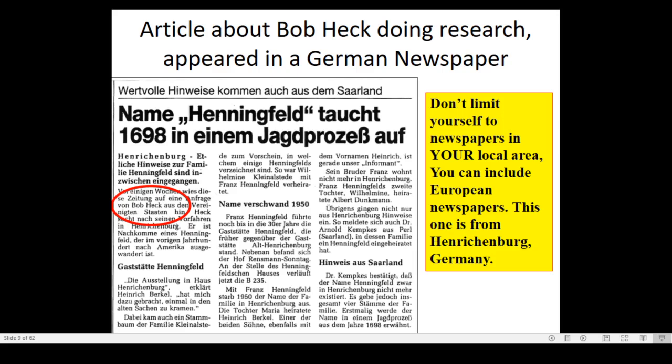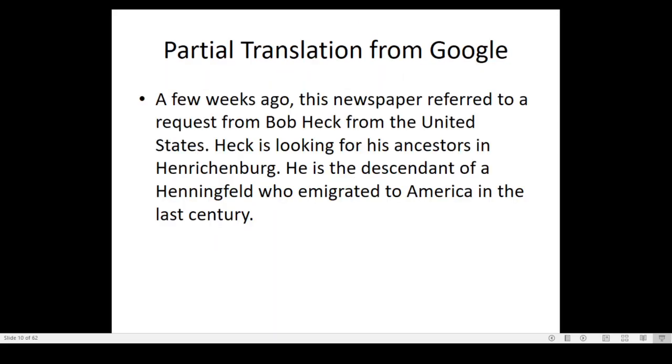Get outside of your local area so you can include European newspapers. This particular one's from Heinrichsburg, Germany. So here's a partial translation. It said, a few weeks ago, this newspaper referred to a request from Bob Heck from the United States. Heck is looking for his ancestor in Heinrichsburg. He is the descendant of a Henningfield who immigrated to America in the last century. So that's just one little clip of that.